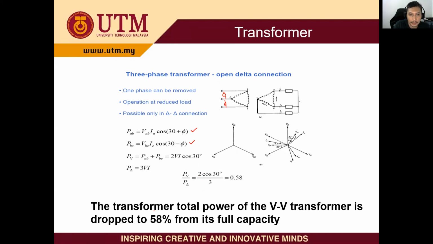Finally we obtain this equation, and this is the full power capacity in a delta connection, which is 3VI. So it is only 58% of the total power when the transformer is in a full delta connection.